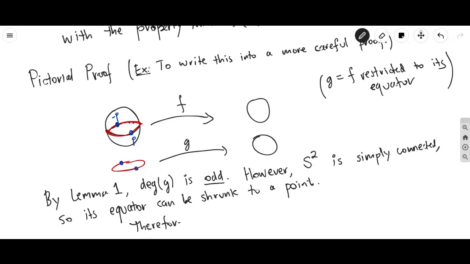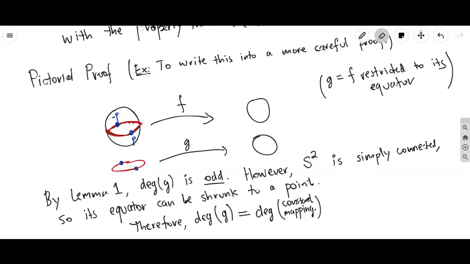Therefore, the degree of g would be the same thing as the degree of a constant mapping. The reason for this, let me go back a little bit. Recall how the degree is defined. The way we define the degree is we take the standard counterclockwise loop, we apply the mapping to it, we look at the image loop, and we find the winding number. So the degree is defined in terms of the winding number.